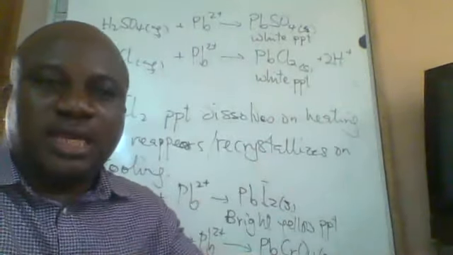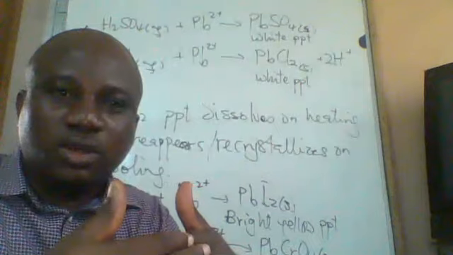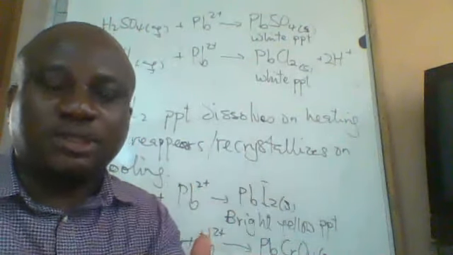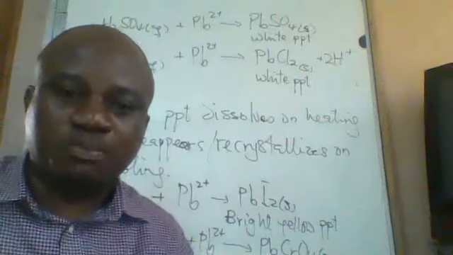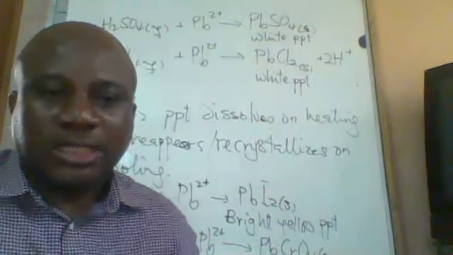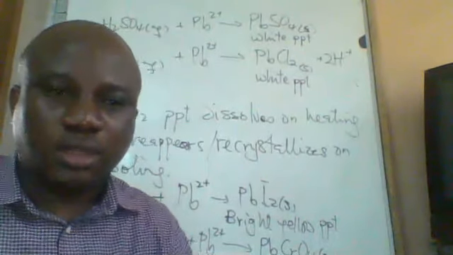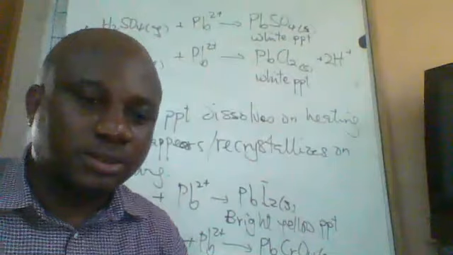So if calcium is there and you're adding sulfuric acid, that reaction will form the calcium sulfate, which will give you a precipitate. So that is how we confirm the calcium.